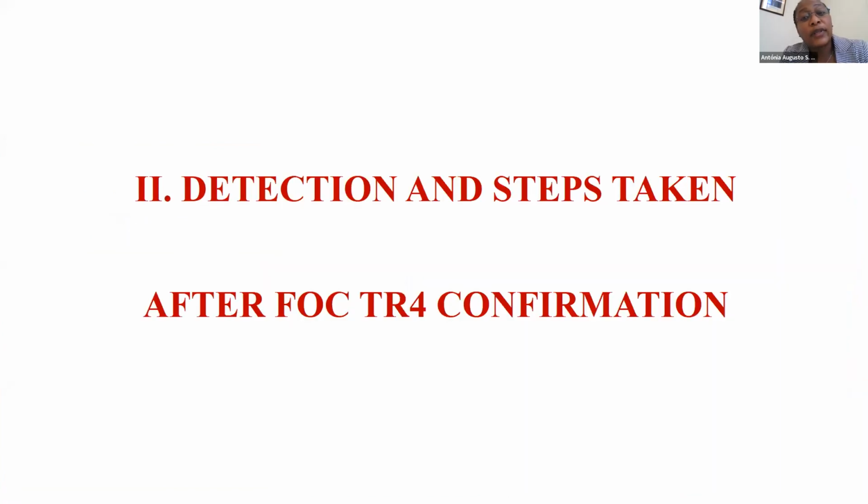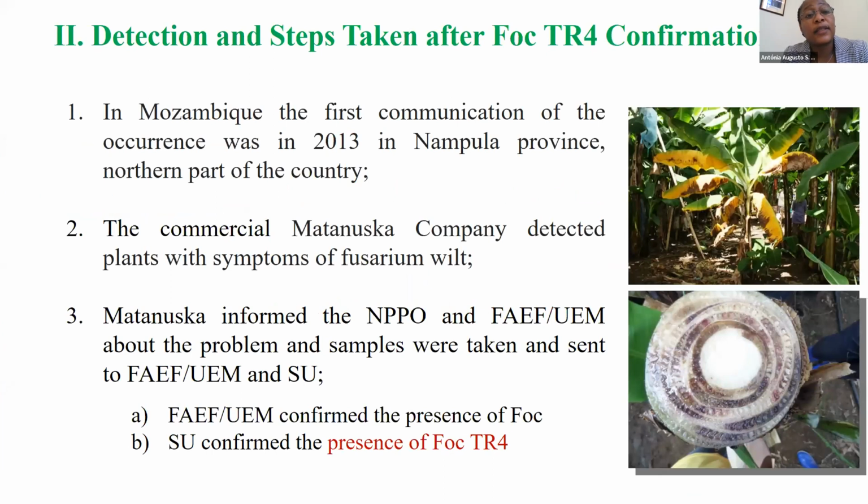Regarding the detection and the steps taken after Foc R4T confirmation in Mozambique, the first communication of occurrence was in 2018 in Nampula province, in the northern part of the country. The commercial company Matanuska at this time detected plants with symptoms of Fusarium wilt.